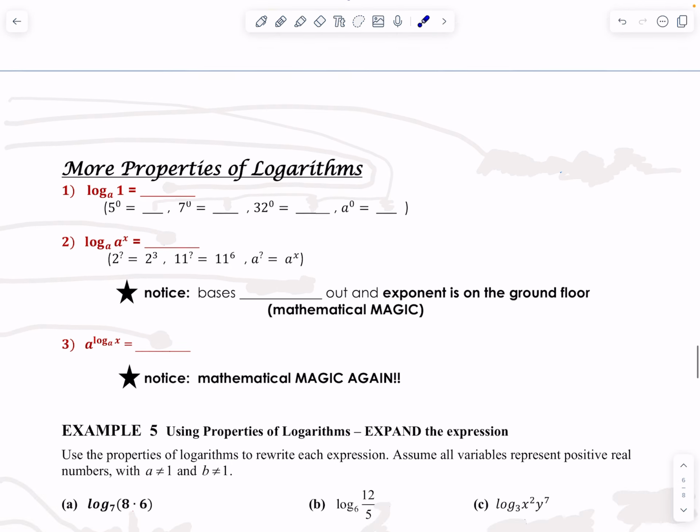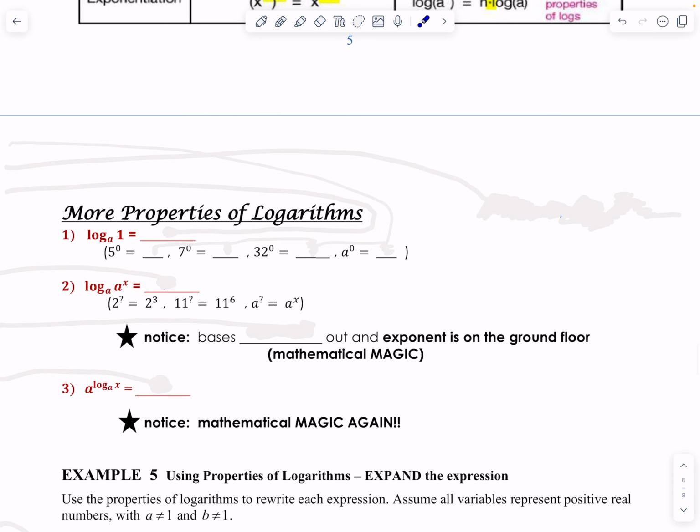All right, so here's a couple more properties that I want you to look at that we will be using. So one is anything to the 0 power. Anything to the 0 power, we said, was 1, right? So think of this, 5 to the 0 is 1. If I rode my roller coaster, I would say log base 5 of what?